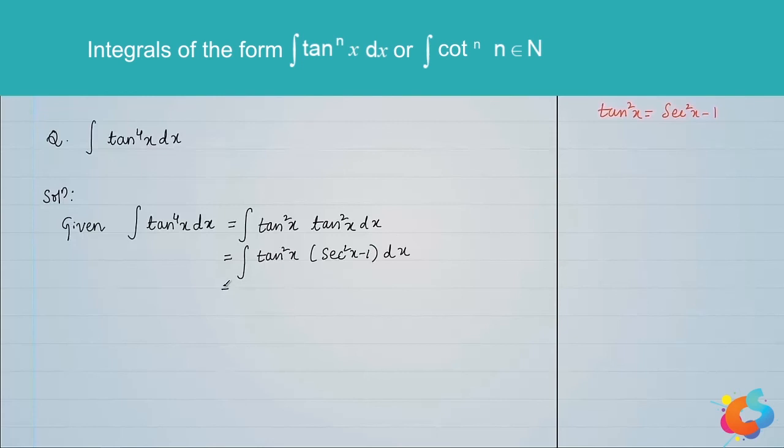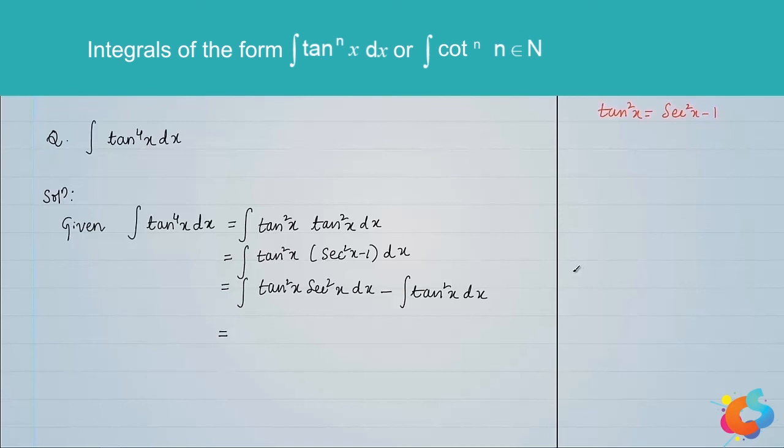So this can be written as tan square x secant square x dx minus tan square x dx.